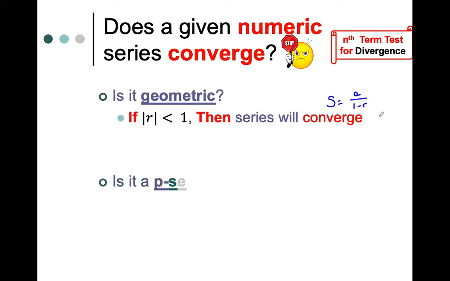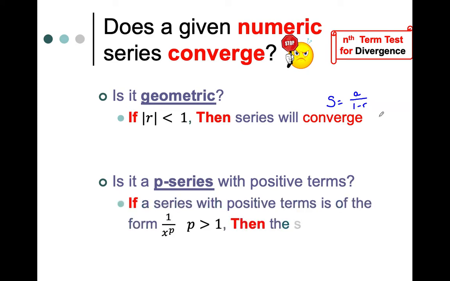If it's not geometric, is it a p-series and all my terms are positive? P positive. And a p-series looks like this. If your series with positive terms is 1 over x to the p, as long as p is greater than 1, the series will converge. And then, of course, conversely, and the same up here, if the common ratio is greater than or equal to 1, then you diverge.